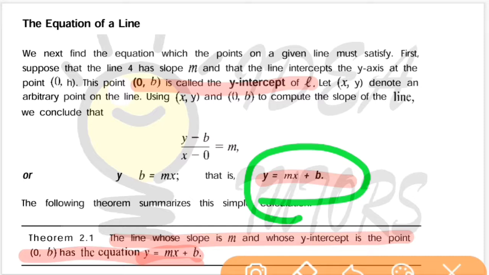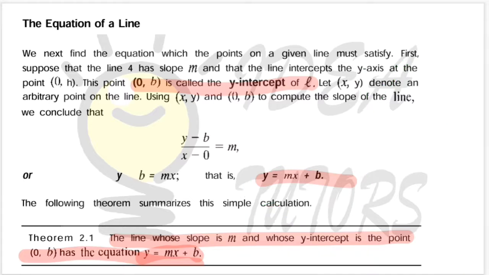In any linear function we will have this term where the line joins the y-axis, that is the intercept of that function. So the line whose slope is m and whose y-intercept is the point 0, b has the equation y equals mx plus b, the general equation for a linear line.